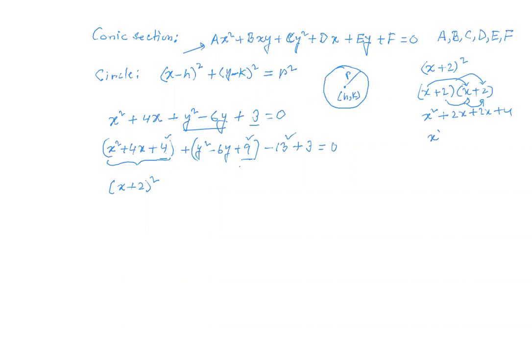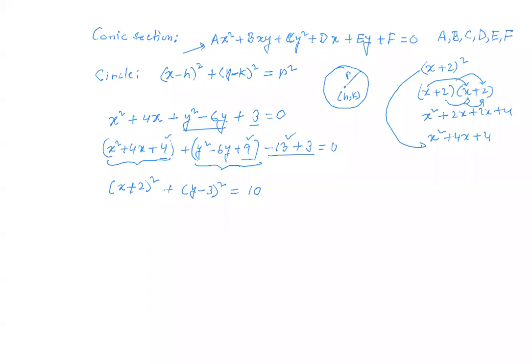So x square plus 4x plus 4 is x plus 2 whole square. Similarly, you can check that this one gives you y minus 3 whole square. You can check y minus 3 times y minus 3 is y square minus 6y plus 9. Now, negative 13 plus 3 is negative 10, right? I'm going to move the 10 to the right side.